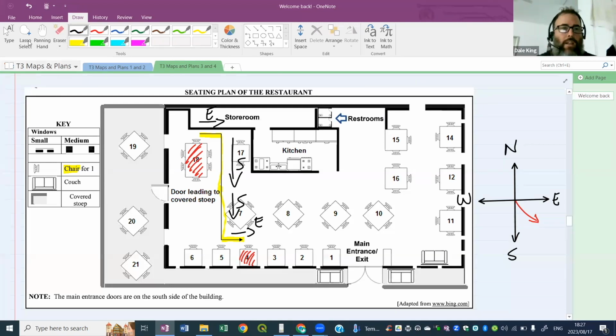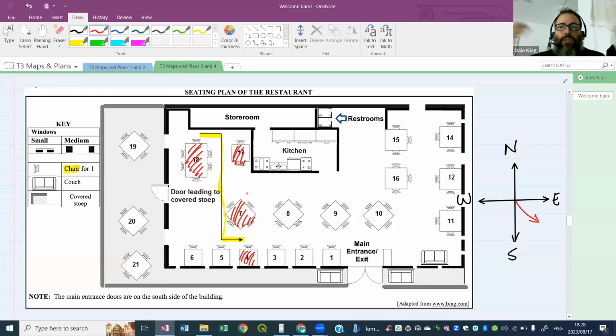I like the fact that Gabo used the other objects in the restaurant to help. So you could also say you get up from your table and head in an easterly direction, turn right, and then head south past table 17, continue south past table 7. When you hit table 5, turn left and head in the easterly direction again to the next table on your right-hand side.